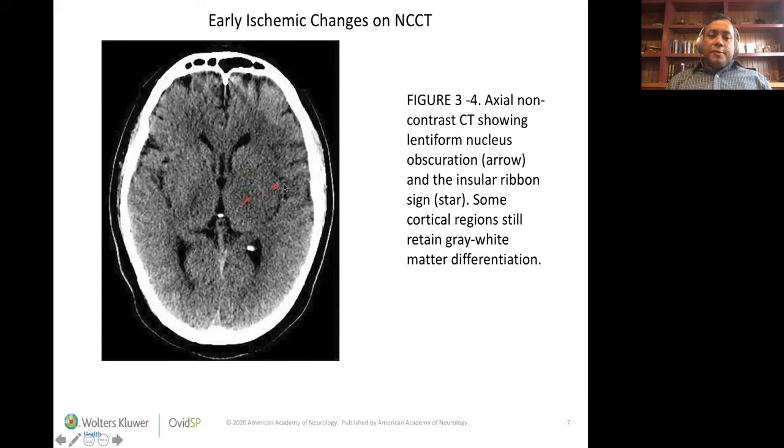You can also potentially look at the insula here, and the insula, unlike say on this side here, on the right side, is not very clearly seen. So this is the insular ribbon sign. If you look at the cortex, some of the gray-white differentiation is not well seen. So these are early ischemic changes on the non-con CT. They are suggestions that the ischemia has happened very recently.